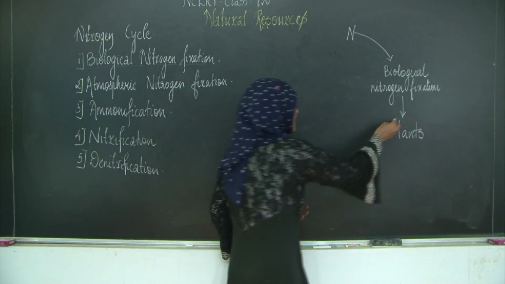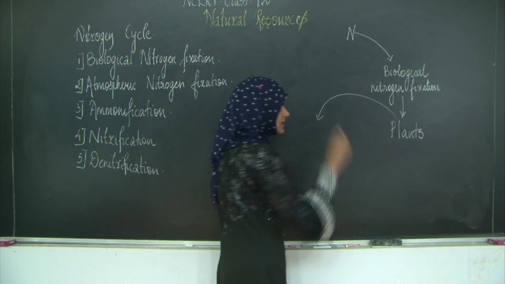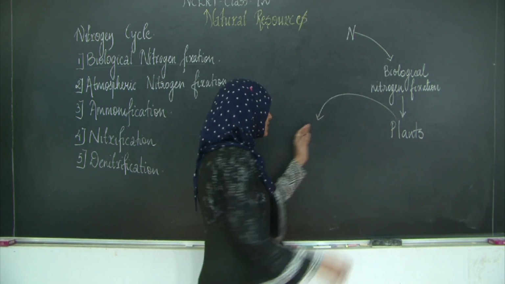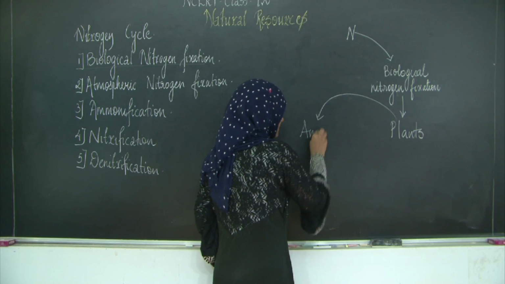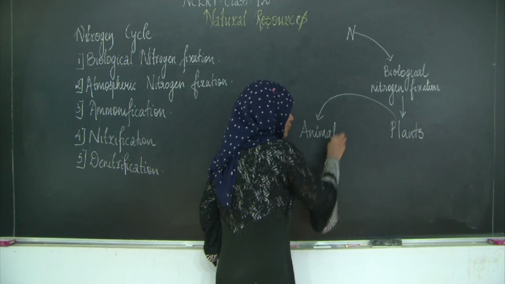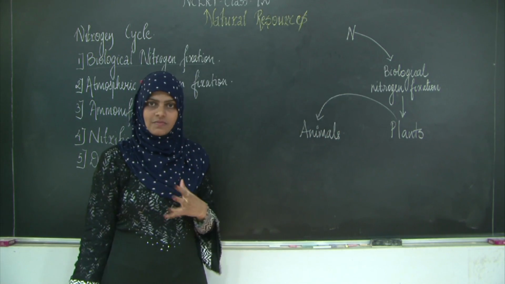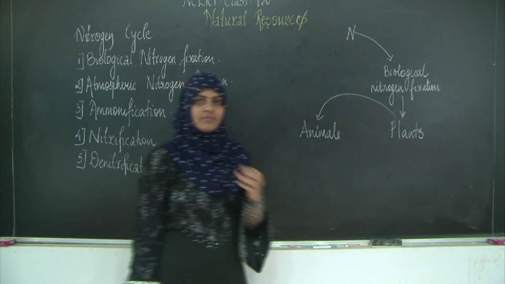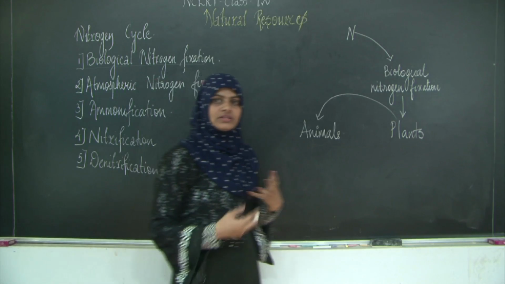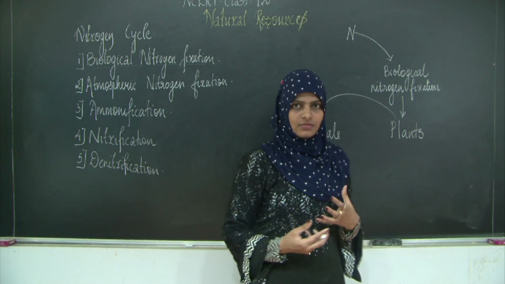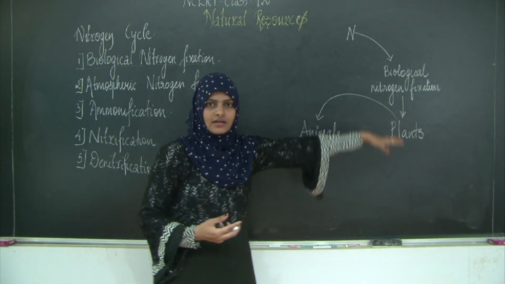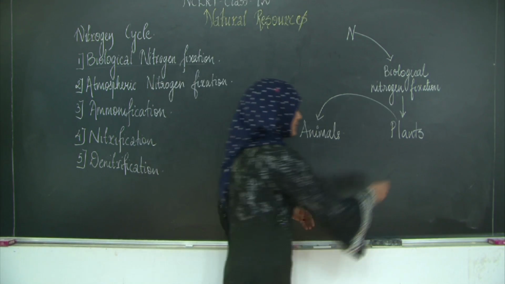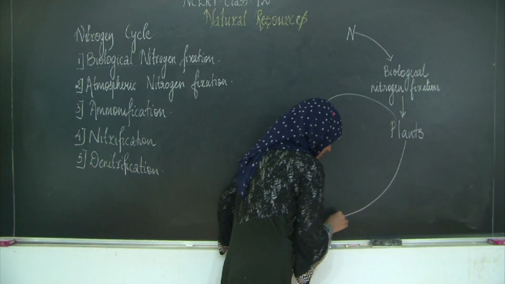It will be eaten by animals, right. So, from here the nitrogen came into plants and it will come to the animals. Now, remember I am not talking about all the plants, only the leguminous plants. All the leguminous plants will be able to do this biological nitrogen fixation, because in the root nodules we all know that they have the leguminous organism, which helps to take this nitrogen and then convert it into nitrates and nitrites.